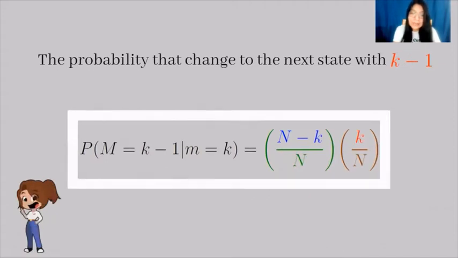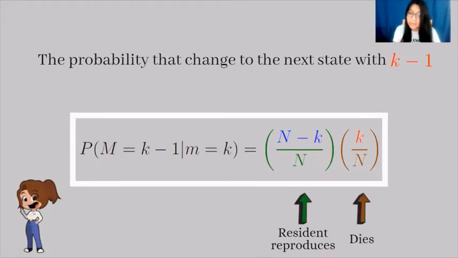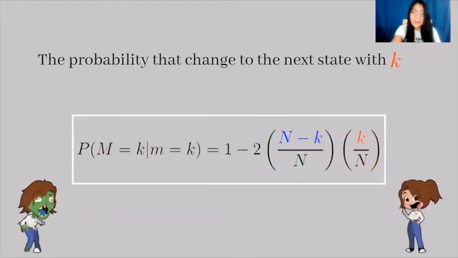The probability that it will change to the next state with one less mutant is the probability that a resident will reproduce times the probability that a mutant will die. And the probability that it will change to the next state with the same number of mutants is 1 minus the previous 2.